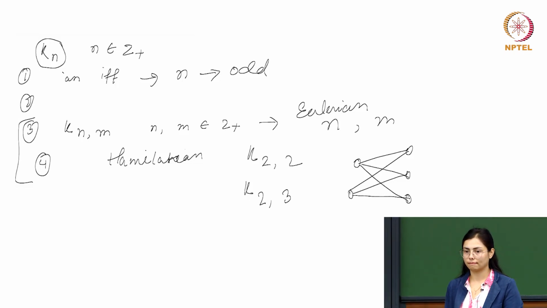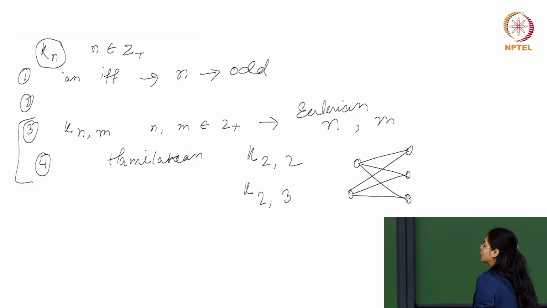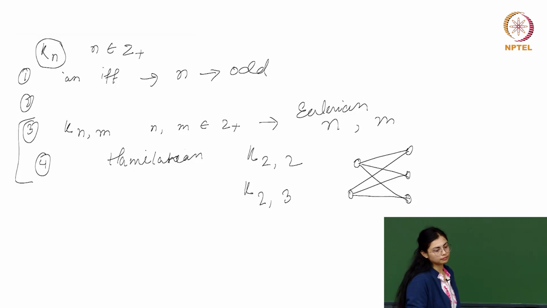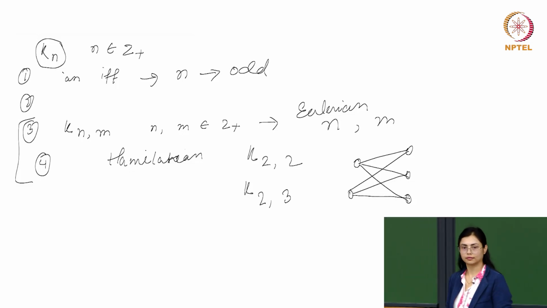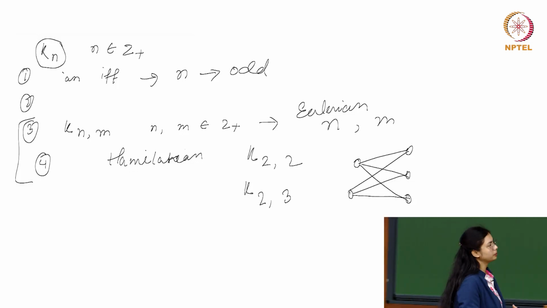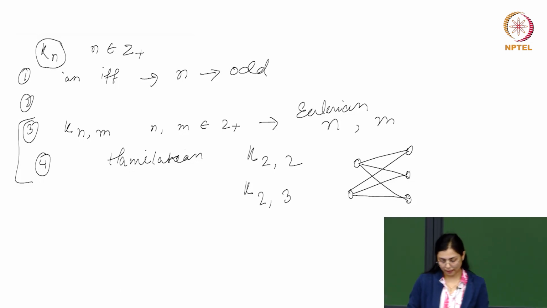There won't be any Eulerian path in K2,3. What about Hamiltonian? Do you have a Hamiltonian cycle here or any path or anything?